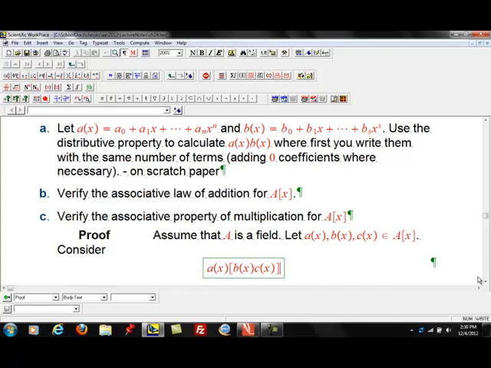Now, I'm going to actually take this. Let's calculate our B of x times C of x.